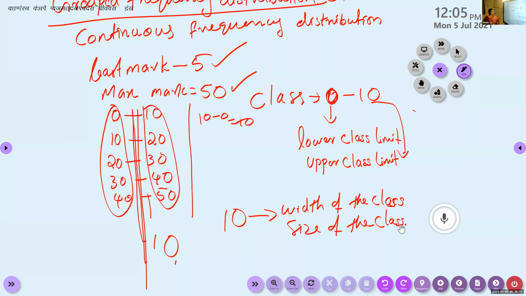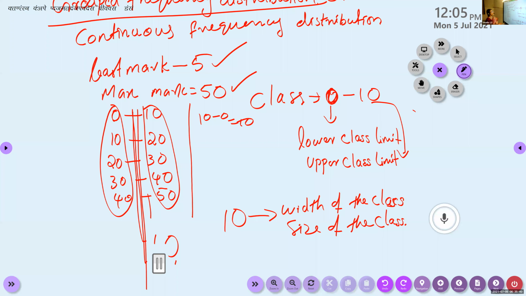After that, we will put tally marks and frequency, which I will explain. First of all, listen all of you. For preparing or constructing a continuous frequency distribution table or a grouped frequency distribution table, both are the same, what you have to do first?